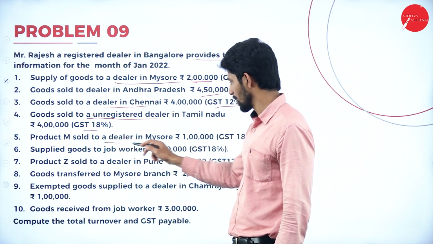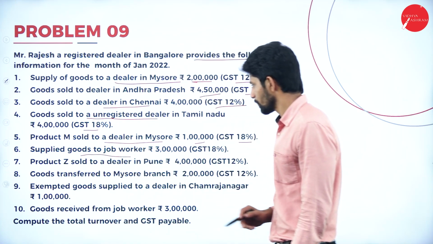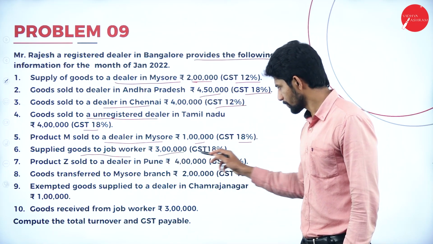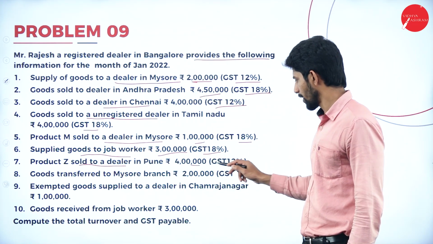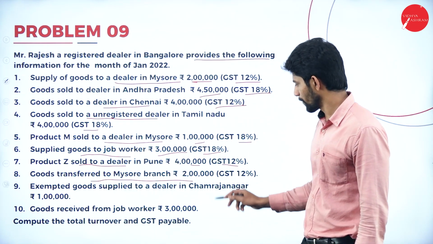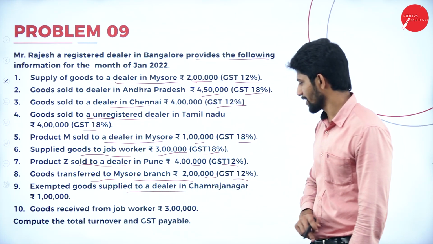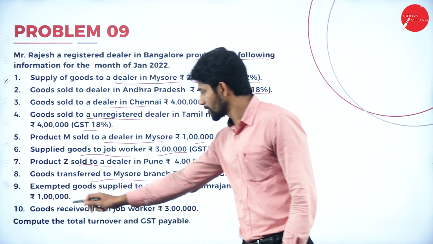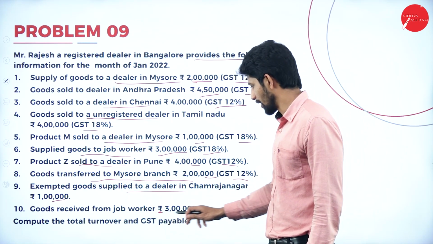Product M sold to dealer in Mysore, 1 lakh, 18%. Supplied goods to job worker, 3 lakh, 18%. Product Z sold to dealer in Pune, 4 lakh, 12%. And goods transferred to Mysuru branch, 2 lakh, 12%. Exempt goods supplied to a dealer in Chamrajnagar, rupees 1 lakh. Goods received from job worker, rupees 3 lakhs.